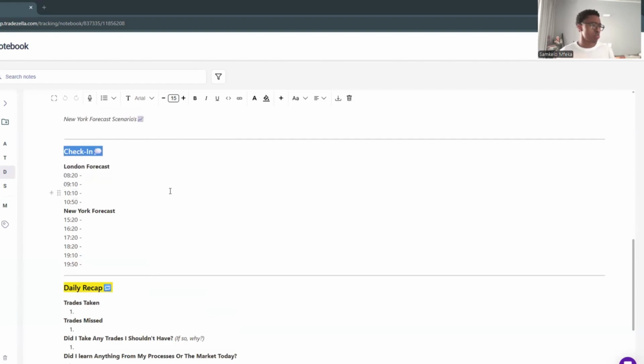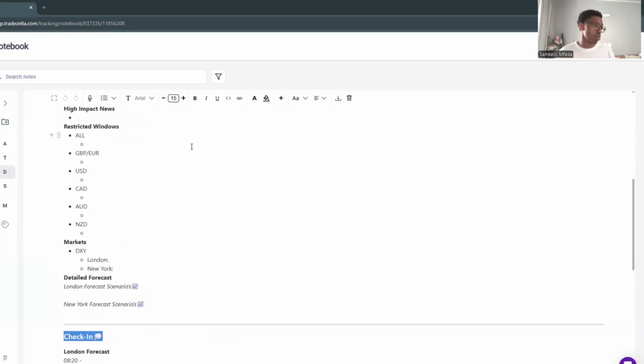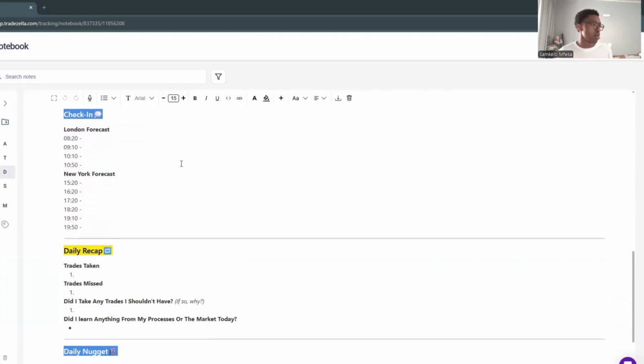But I think the most important part of this template, besides the restricted news windows and all of that, are the session check-ins. These are mini journals that help confirm what I've got on watch, how price is developing, if anything's deviated from the plan, if anything outside of the market has interrupted me within the session, because I think that gives good context to how the day played out overall.